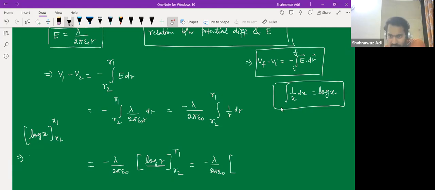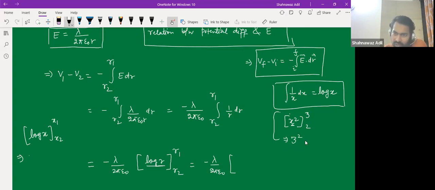So let me tell you this way. If I have x square and I have to put 3 and 2, the function is x square. First, in place of x, I put 3. So this would be 9, 3 square, right?